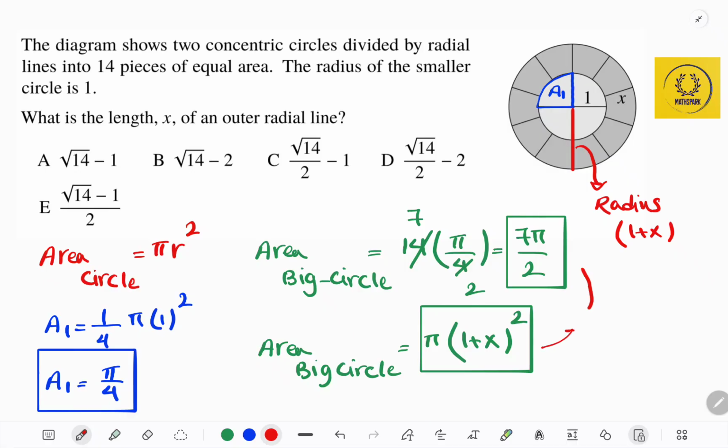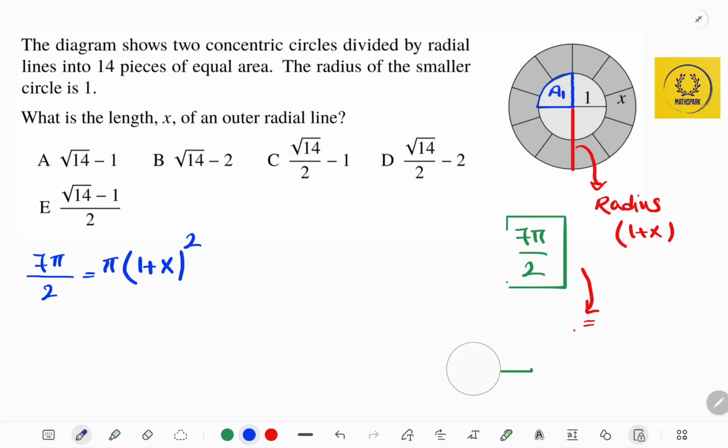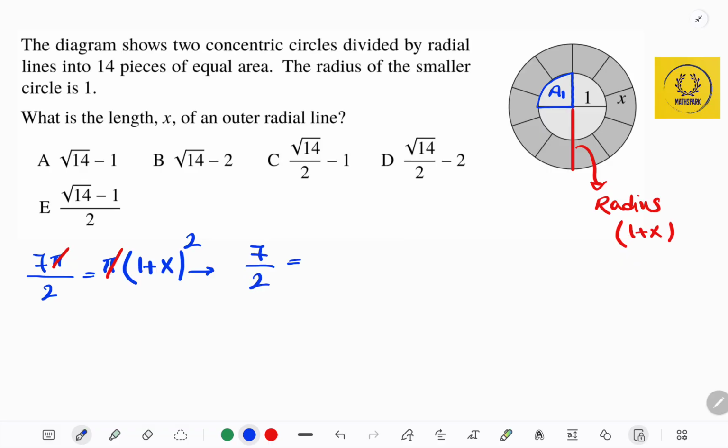And then we know that these two should have the same value. Now let's set these two expressions equal. So 7 pi over 2 equals pi times (1 plus x) squared. First of all, I'm going to cancel out these two pi's. So we have 7 halves equals, and this is the perfect square identity: 1 squared is 1, x squared, plus 2x, which is the product of them times 2.